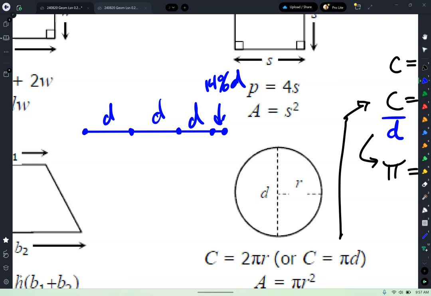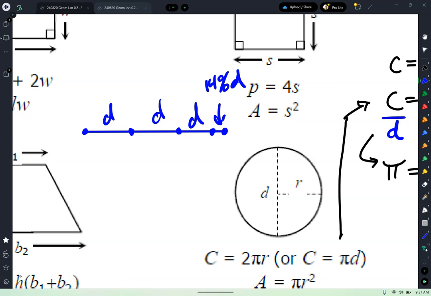So then we have D plus D plus D. What's D plus D plus D algebraically? If I had an apple plus an apple plus an apple, what do I have? 3 A's.